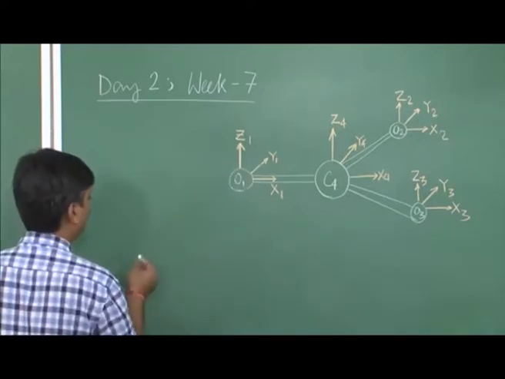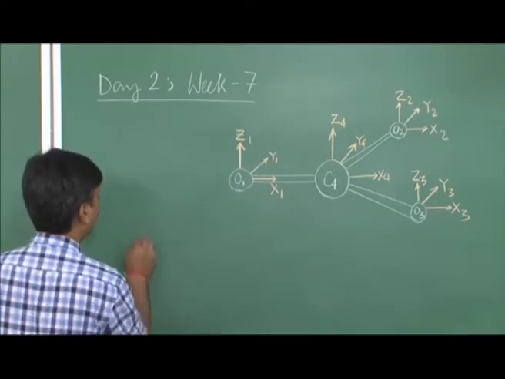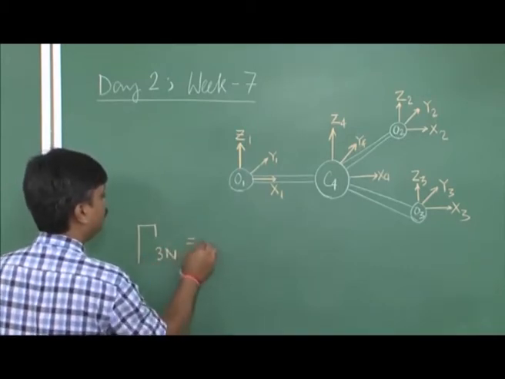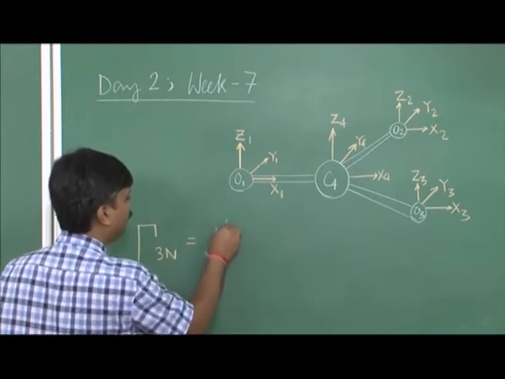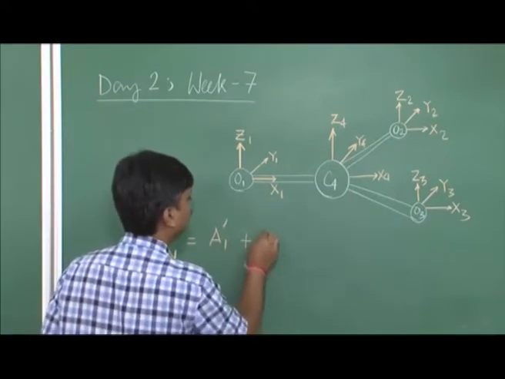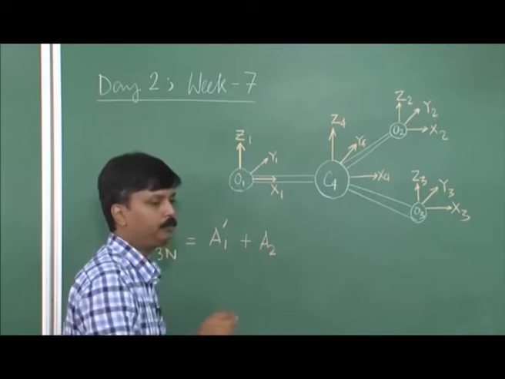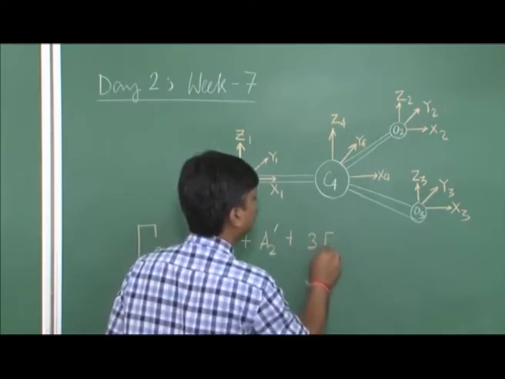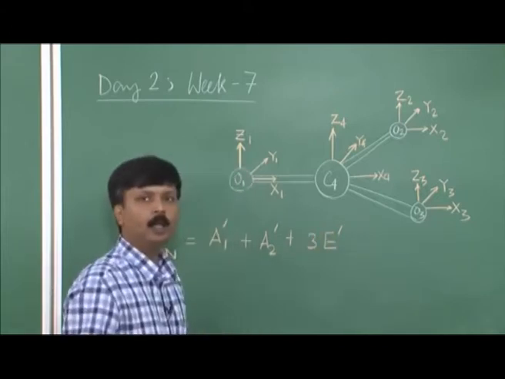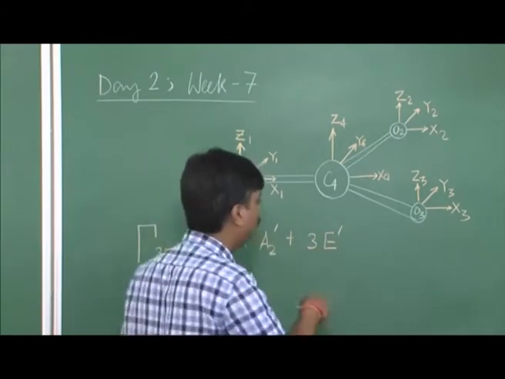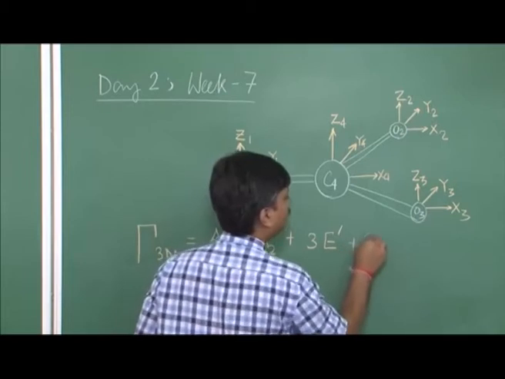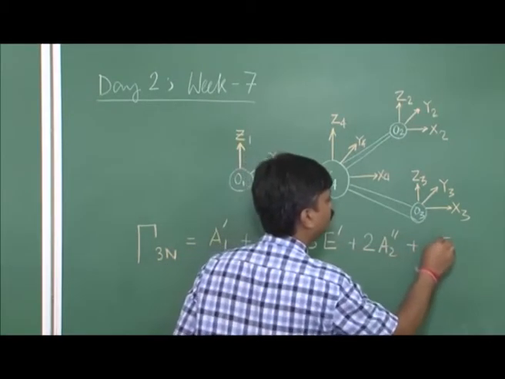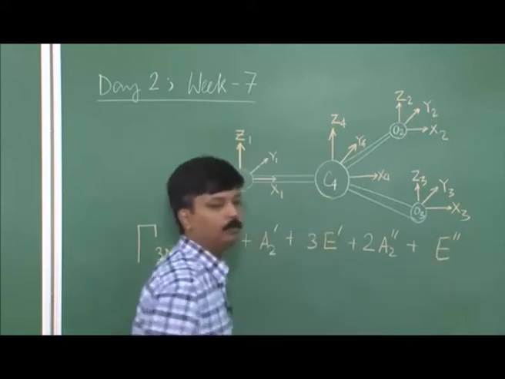You are going to get, so essentially I have gamma 3n equals to a1 prime plus a2 prime plus 3e prime, and you have 2a2 double prime, and you have e double prime.